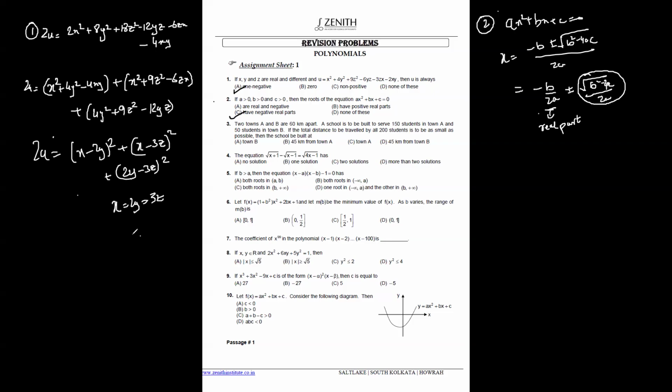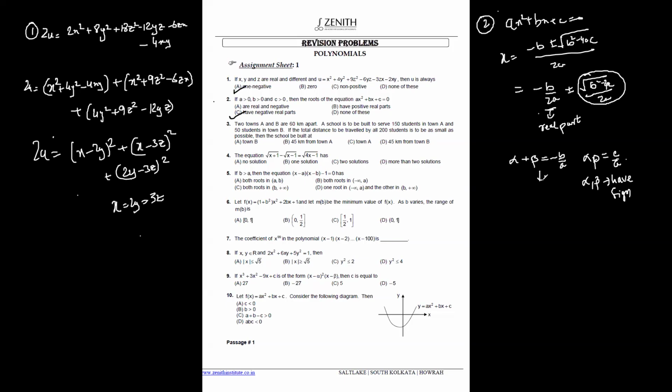Because even if the roots are real, the sum of the roots would be negative and product of the roots is positive. So this would imply that alpha beta must have same sign.